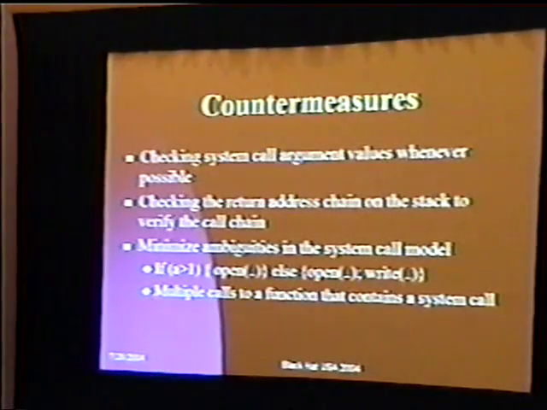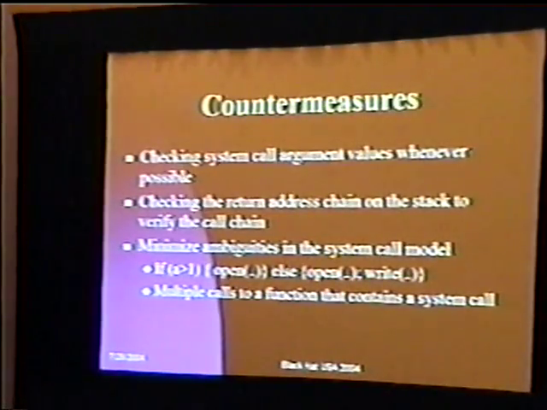And then there are some other cases that make the system call control flow graphs ambiguous. So for example, if you have a function that gets called from multiple places, and that function actually makes a system call, then when you see that system call, you don't really know from which call site this particular function is invoked, and so on. So when you return, you don't know which one to go to.